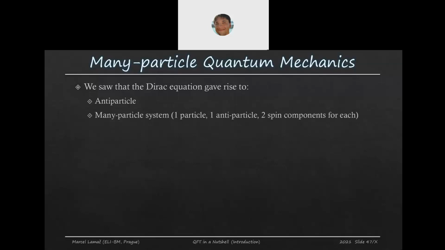It also gave rise to the concept of many particle systems because we saw that we had one particle, one antiparticle, and for each two spin components. So once again, we're increasing the number of degrees of freedom.